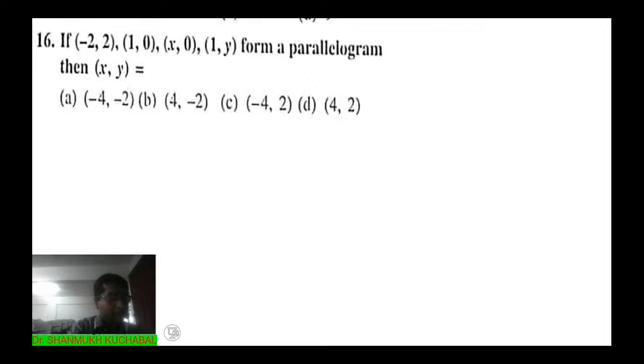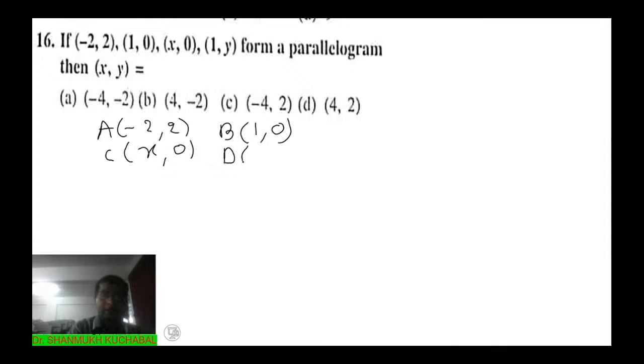First we'll write all these points: A is (minus 2, 2), B is (1, 0), C is (x, 0), and D is (1, y). Then we have the note D equal to A minus B plus C. Last class I gave this note. Students who are new to this can go through the previous one.